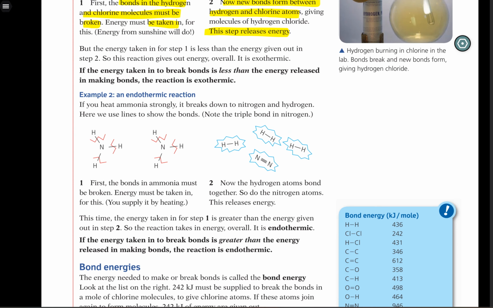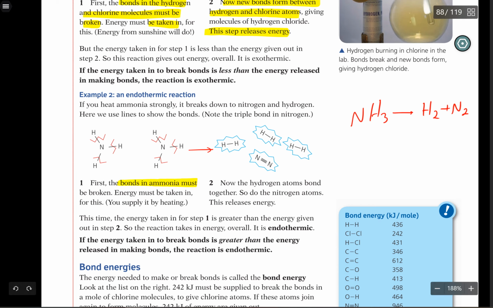Example 2 shows the endothermic reaction. The NH3, which is ammonia, is converting to its elements, the H2 and N2. Again, here we have two steps. The first step is breaking the bond of the reactant.